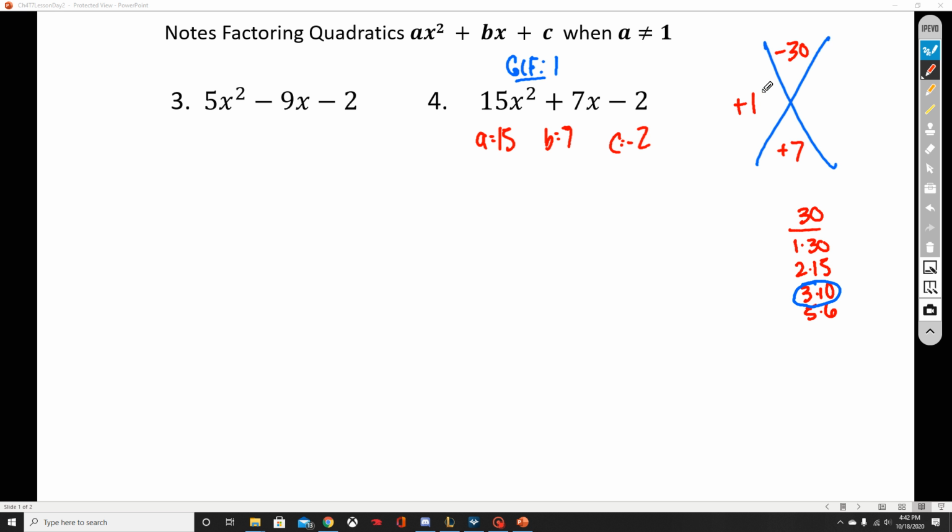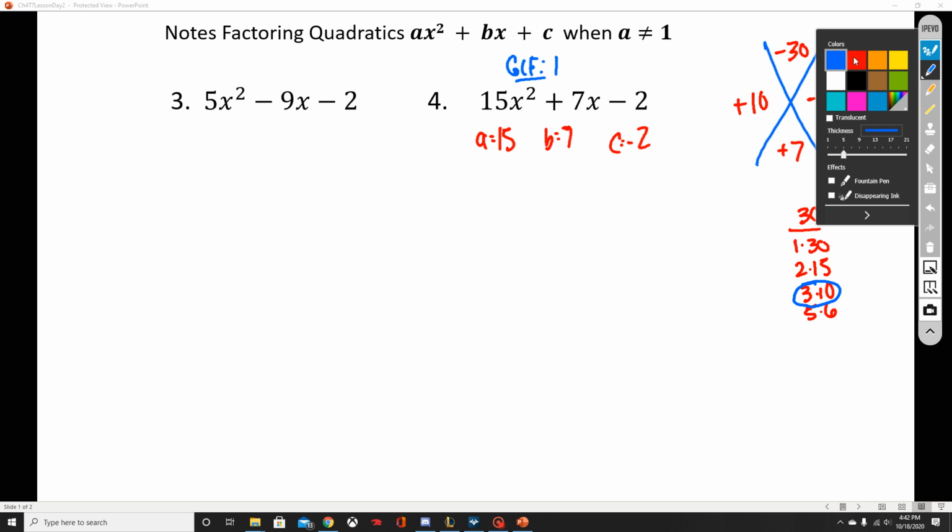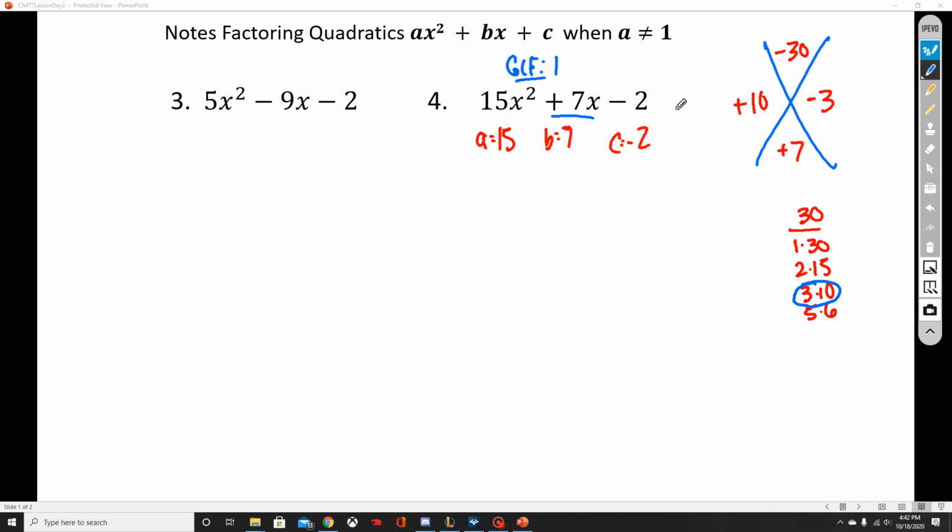So I need positive 10 and negative 3. These will multiply to give me negative 30, and they will add to give me positive 7. So this is going to allow me to split this middle term into two new terms, 10x and negative 3x. So I'm going to have 15x squared plus 10x from here, minus 3x from here, so that turns into this, and then minus 2.